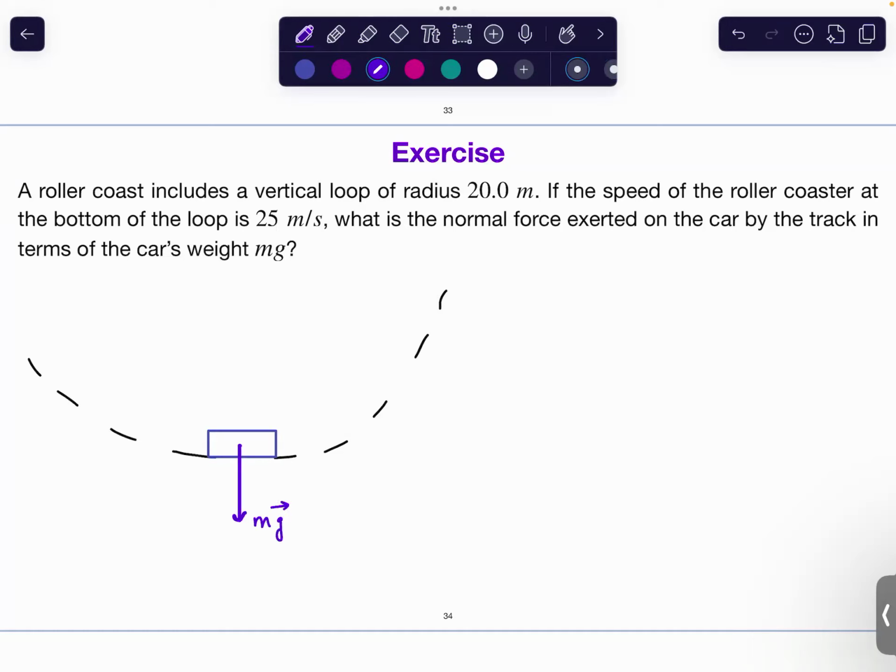You're going to have the gravitational force of the car, you're going to have radial acceleration, and your normal force.